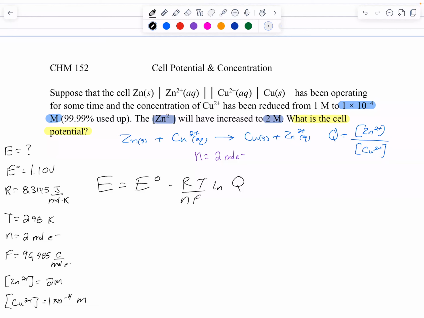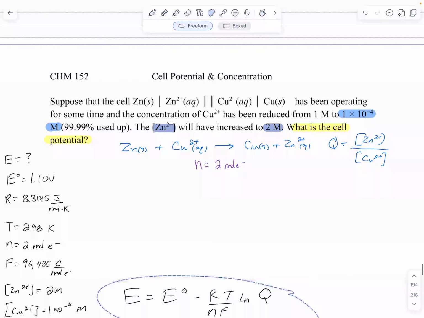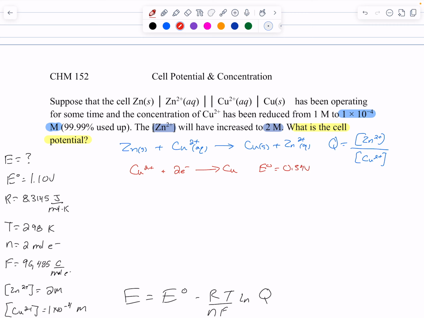Now, what you would probably do is take this equation and bring it down. You would write Cu 2+ plus 2 electrons going to Cu, and that standard potential is 0.34 volts. Then Zn going to Zn 2+ plus 2 electrons, with that potential being positive 0.76 volts.